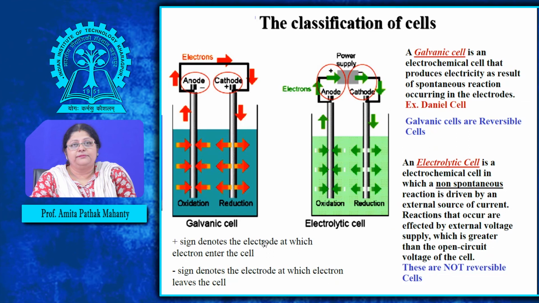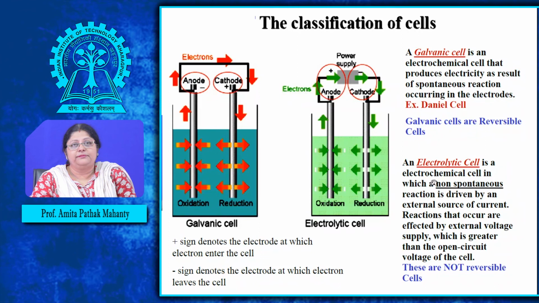When electrons are entering the cell from an electrode, you call it positive. And any electrode with a negative sign means the electron is entering that electrode from the cell. If you remember this convention, then you will not forget.